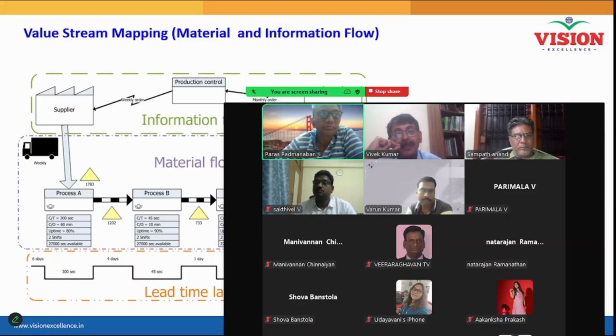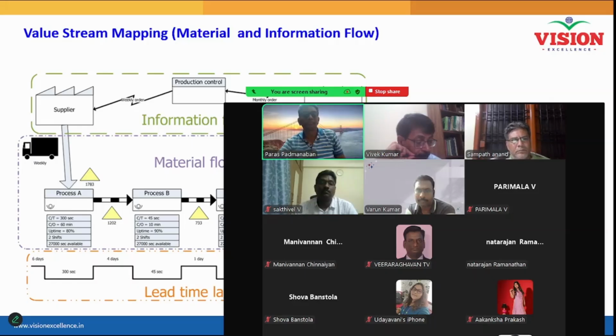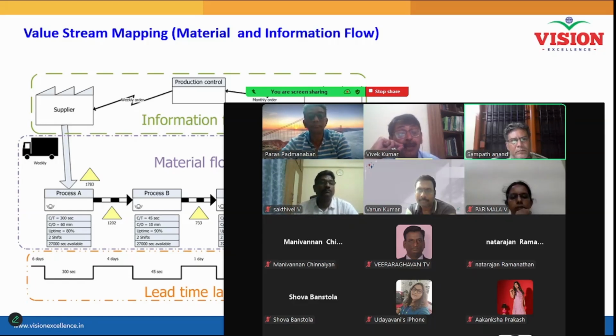With these 2 bits of information, how many minutes was the machine run? 480. How many pieces has it given me? 320. We calculate our cycle time, this much time per piece. So 480 divided by 320.